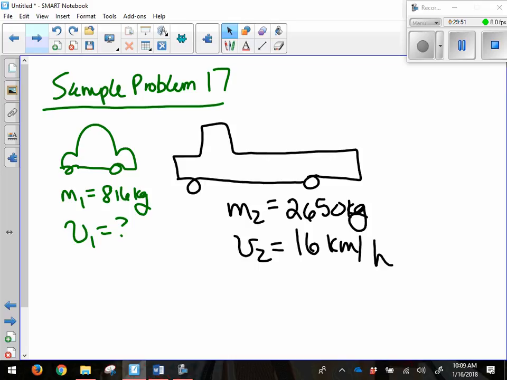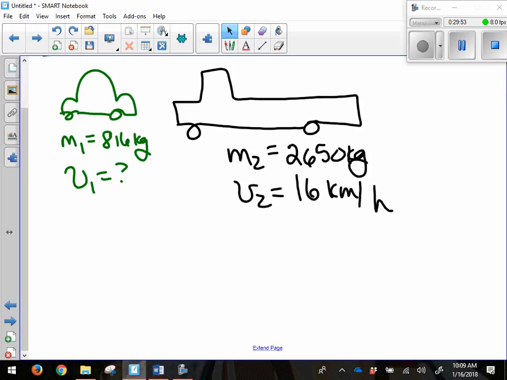Okay, so let's start by figuring out what the momentum of the Cadillac is. Momentum has no units of its own. Like the units of energy are joules, the units of force are newtons. The units of momentum are really just kilogram meter per second from the formula.